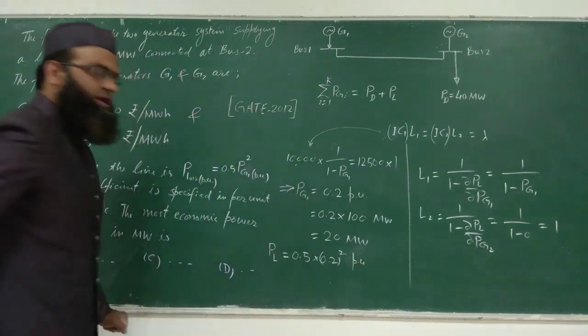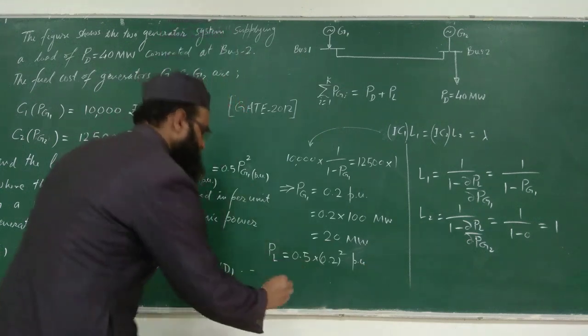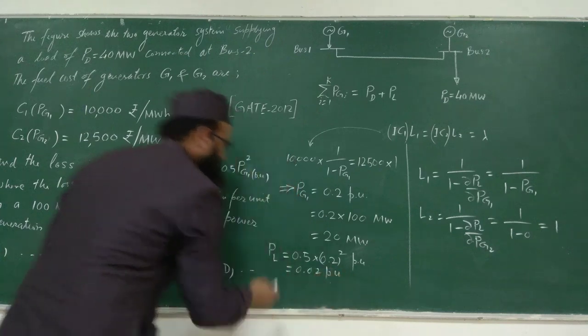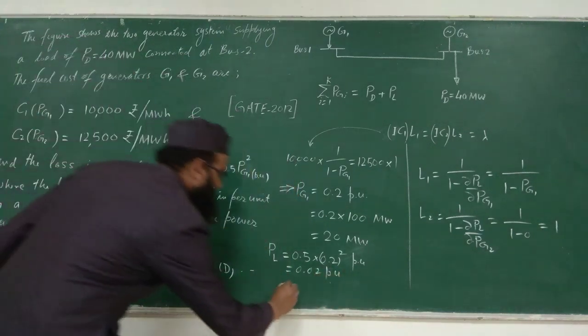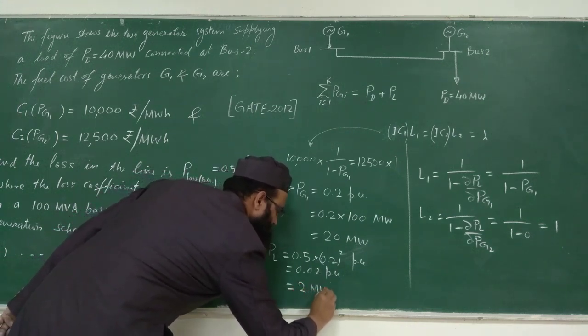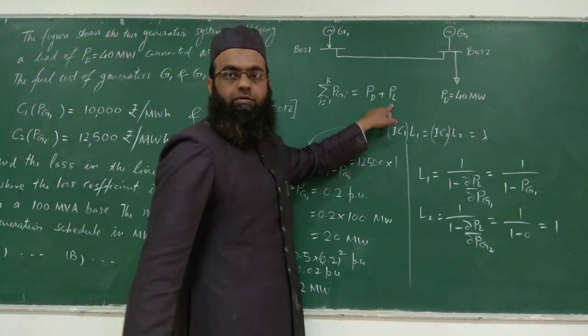So this is coming out to be how much? 0.02 per unit, right? So for power, base MVA is 100. So in megawatt, we may write this into 100, that will be 2 megawatt. So loss PL is 2 megawatt.